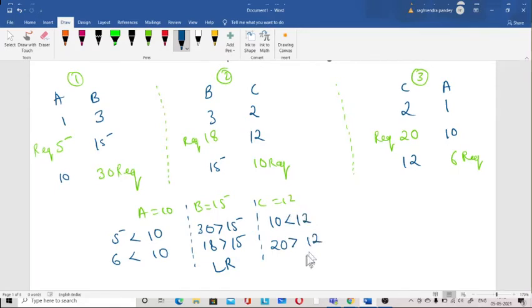So here C is acting as a limiting reagent, but here it is acting as an excess reagent. So C will not be considered as a limiting reagent. We will consider the limiting reagent only if both conditions are satisfied. So here B is the limiting reagent.